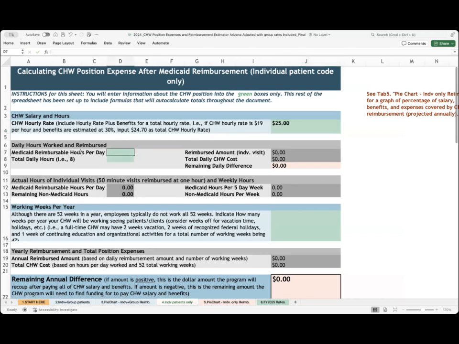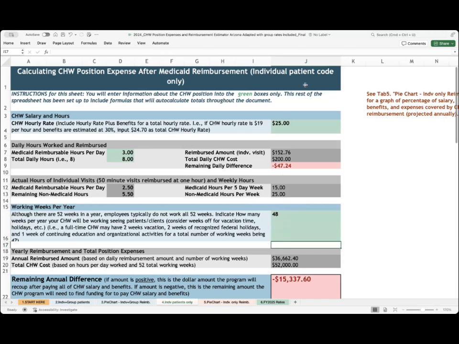You can see it's much simpler here because we're only thinking about using 98960 Medicaid reimbursable services with individual clients. So again, we could say 3 or 4 hours a day might be reimbursable. How many hours do they work per day? 8 hours a day. And we have all of our information, plus how many weeks per year. So again, we'll put in our guess of 48 working weeks per year.